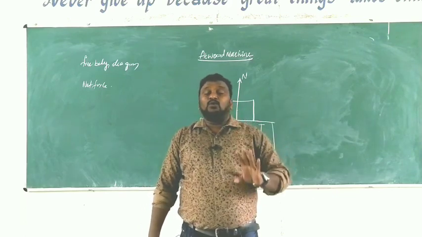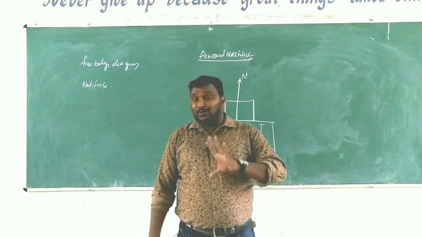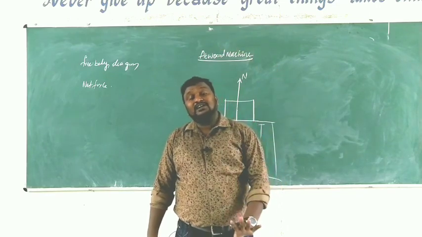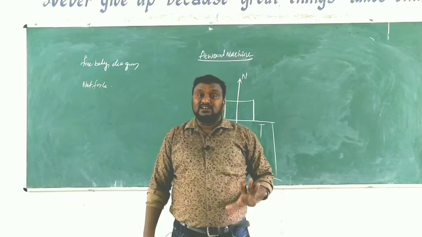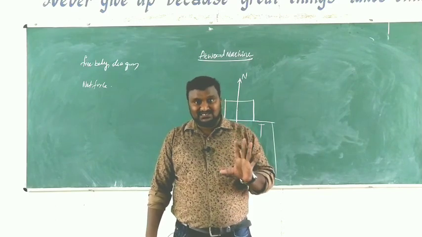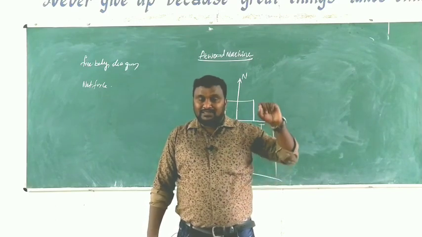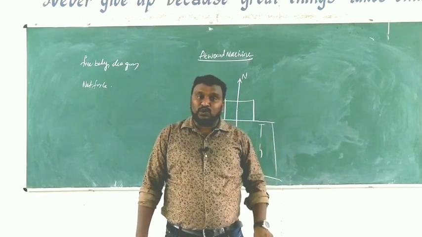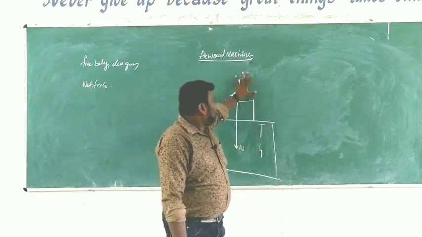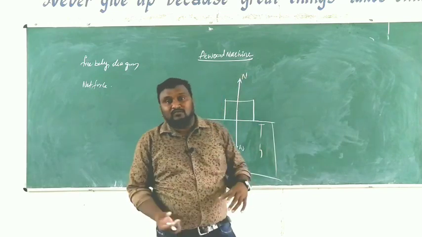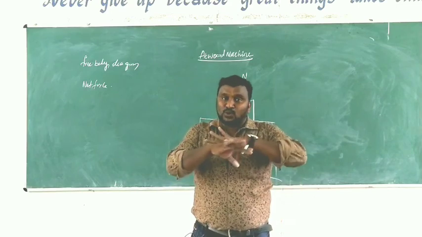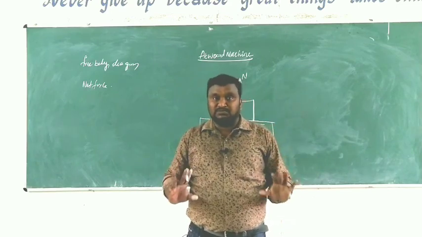Even though two forces are acting, the body is not going in the upward direction, nor in the downward direction. Clear children? The upward force is normal force, the downward force is weight, and when both are equal, then obviously there is no movement, it stays in rest position.